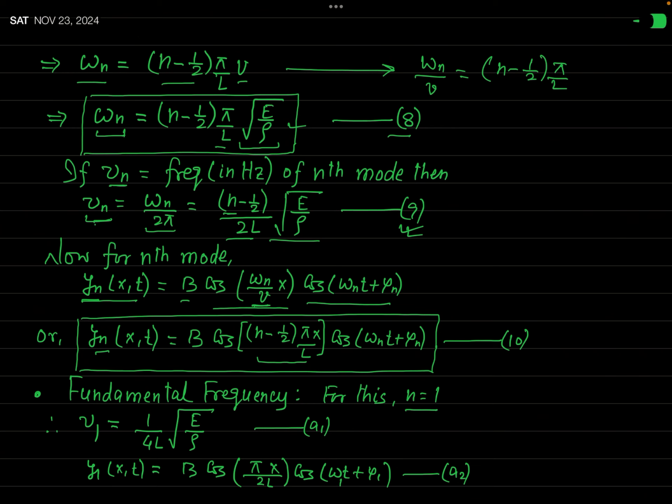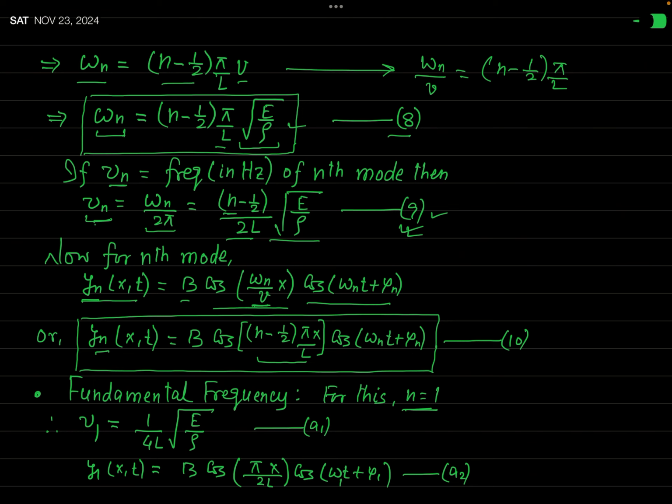Actually, when we will take n equal to 1, we will get the smallest frequency of vibration. And you know, that smallest frequency of vibration is also known as fundamental frequency. So for getting the value of fundamental frequency, let us put n equal to 1 in this equation 9.